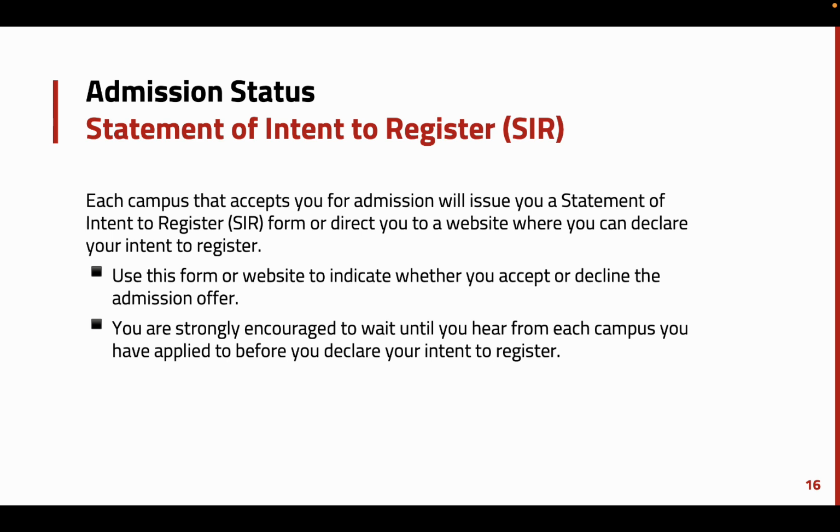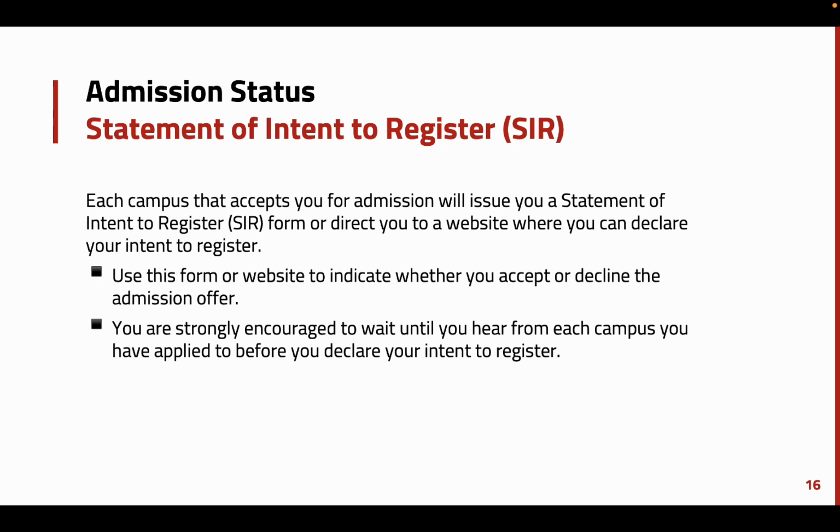After receiving your offers of admission, you will need to eventually submit your Statement of Intent to Register, or SIR. Each campus that accepts you for admission will issue you an SIR form or direct you to a website where you can declare your intent to register. You'll use the form or the website to indicate whether or not you accept or decline the admission offer.